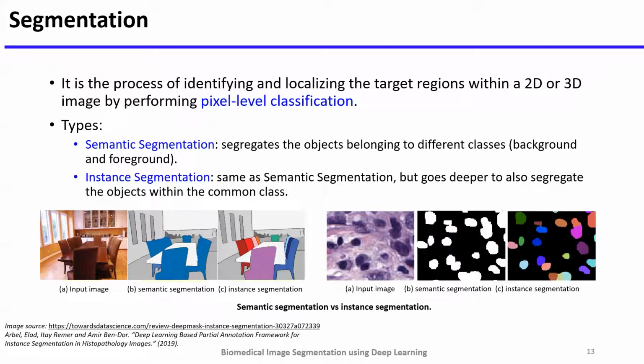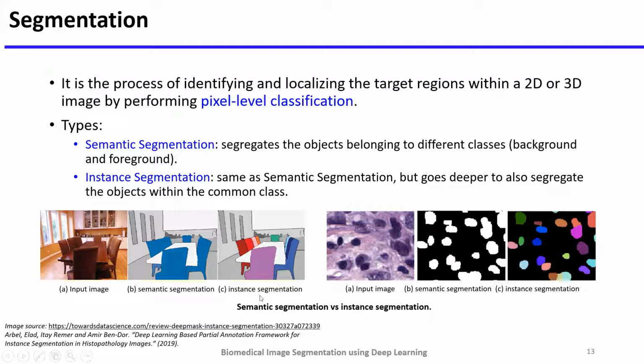Similarly, instance segmentation is the same as semantic segmentation, but it goes into a deeper analysis, and it will also segregate the objects within a single or common class. Here you can say that this is the input image. With semantic segmentation, we are able to identify these chairs separately.